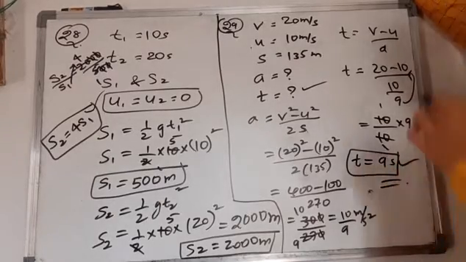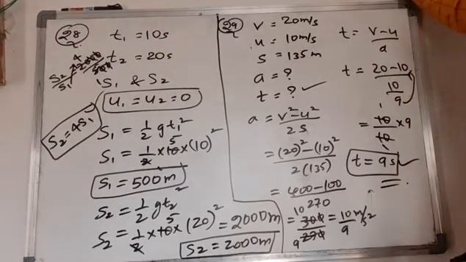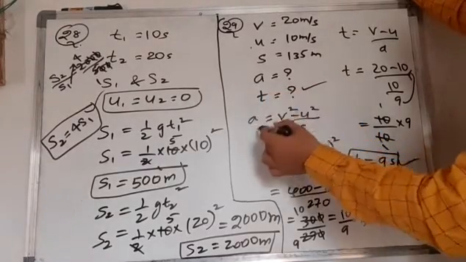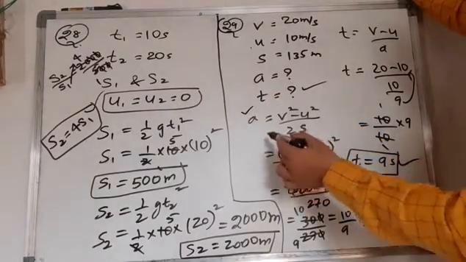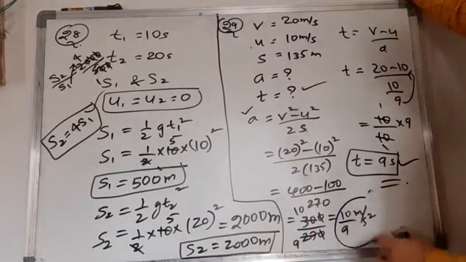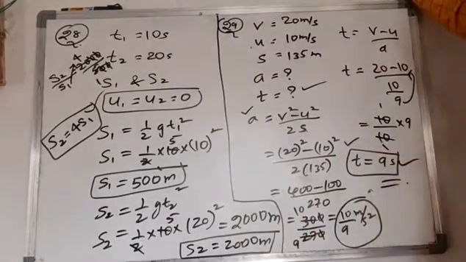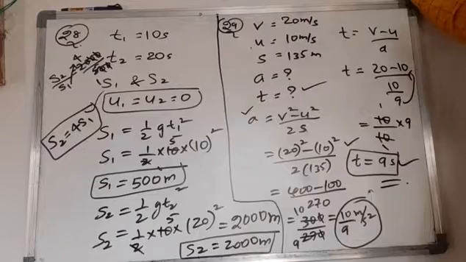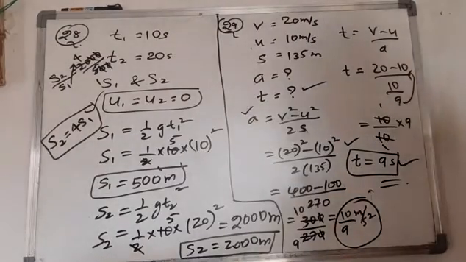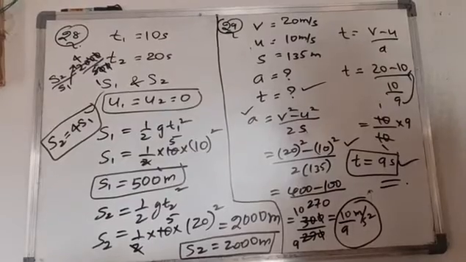Right? Okay. First, we cannot directly find time, so we wrote the acceleration formula. Then using the acceleration value, we found the time value. Like this.